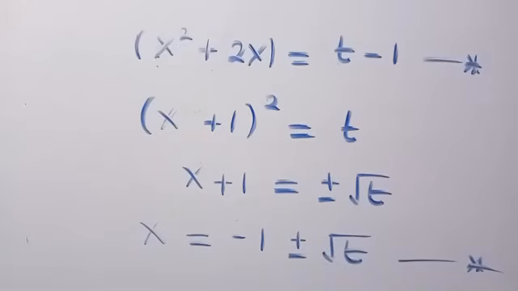So what is now left to us is, we come back to the given function above and we replace the necessary things: we replace x squared plus 2x with t minus 1, and we also replace x with minus 1 plus or minus the square root of t.